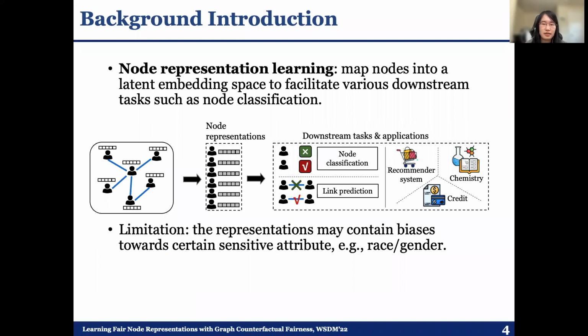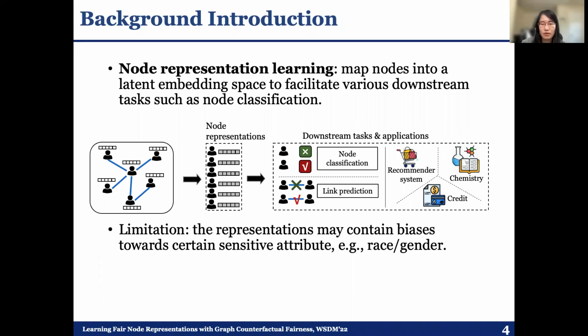In GNNs, node representation learning on graphs is a very widely used technique, and it aims to map nodes into a latent embedding space to facilitate various downstream tasks like node classification and link prediction in a lot of applications, like what we just said: recommender systems, chemistry, credit applications.